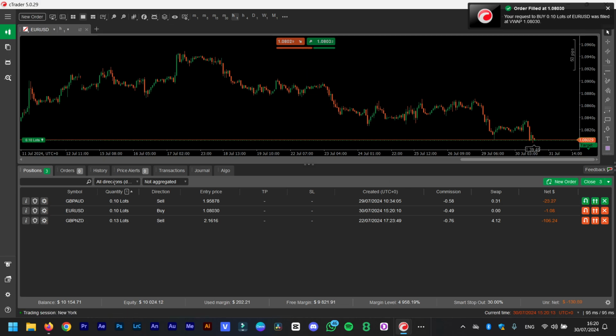Look at the difference from CHF to Euro USD. The margin's up to 4,900%. I mean, it's almost 5,000%.